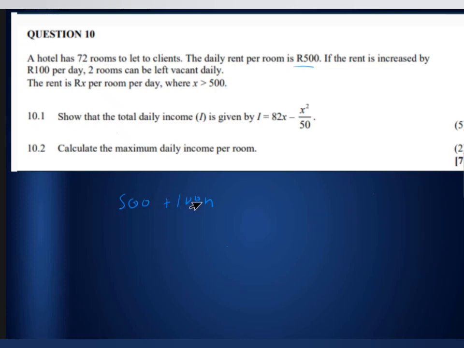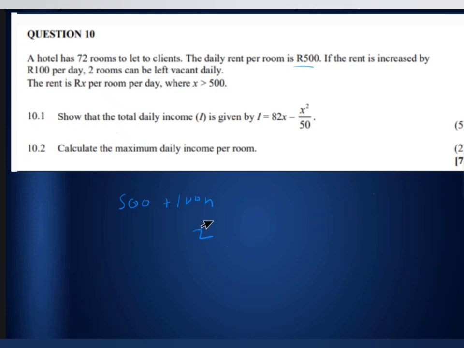If it's 3 days after, we have 300 being added on top of 500, right? So we can get the price for a particular day that we want. Maybe we want to find out the price on the second day. Remember, on day 0, it's going to be 500, which is like today, right? Then tomorrow, it has to be 600. The next day, it has to be 700.